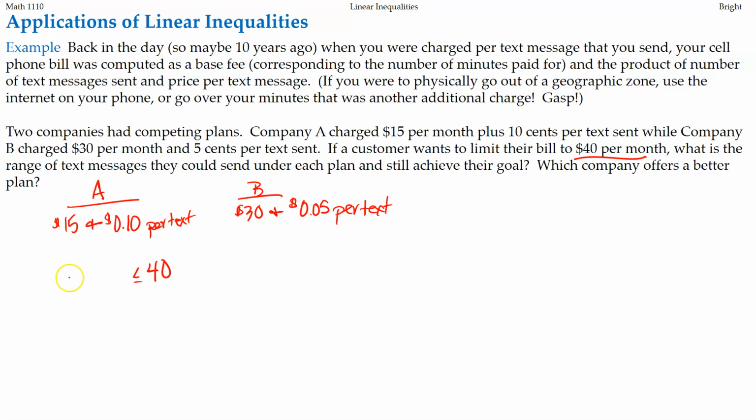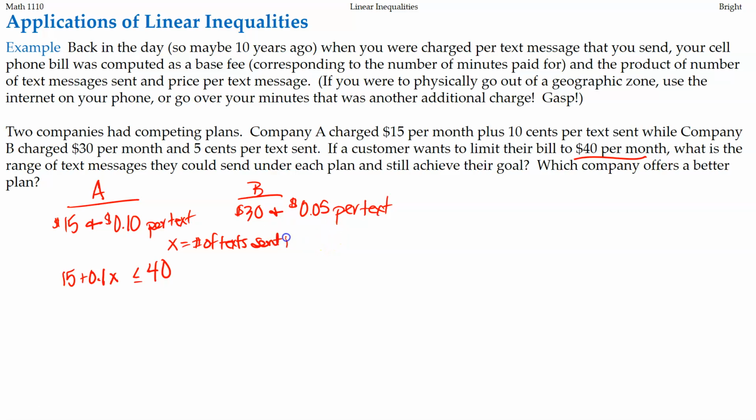Under plan A, it would be $15 plus 0.1x, and I'm going to define x, and use it in both scenarios: x is the number of texts sent in a month.